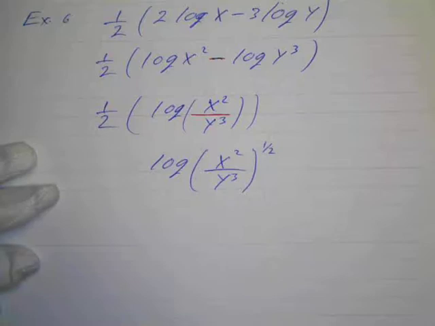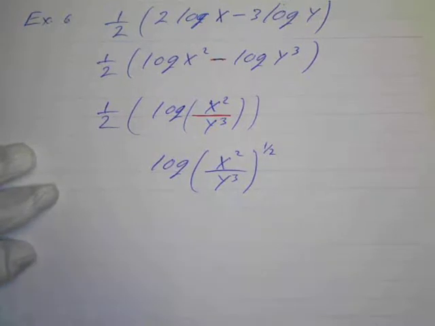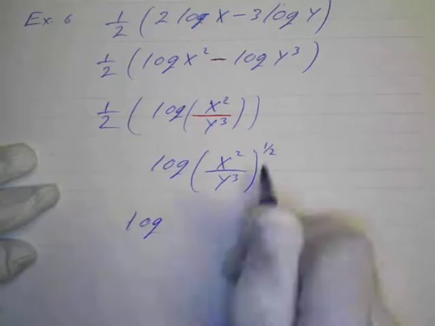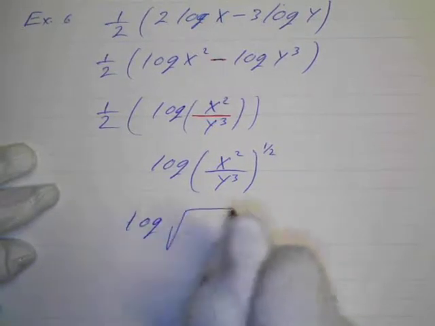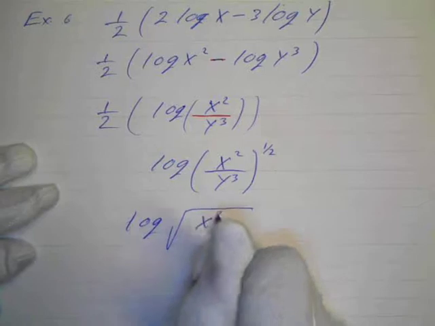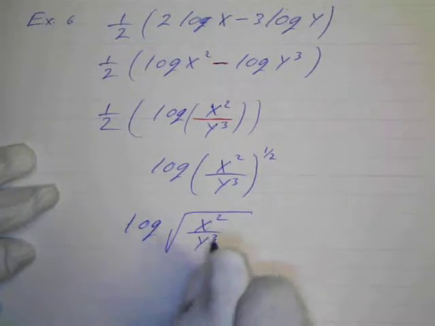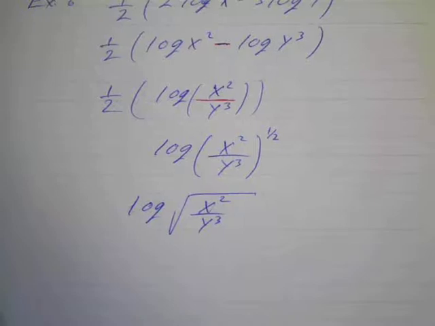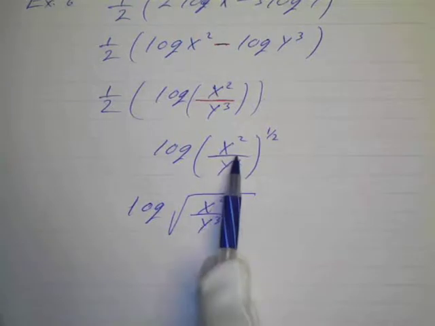Okay. Now sometimes we want to put that back into a root, so that's like the square root. We've got the log here, so we could write this now as the log of the square root of x squared over y to the third. And now you've condensed it. Now if you went backwards, you'd write this as an exponent.